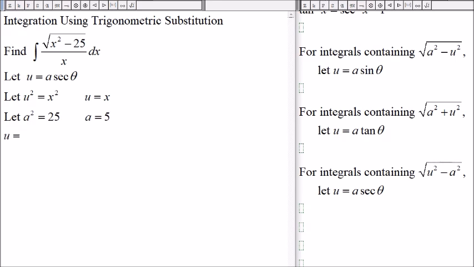And so now we have u is a secant theta, and a is 5, so u is 5 secant theta. But u is x, so x is also 5 secant theta.